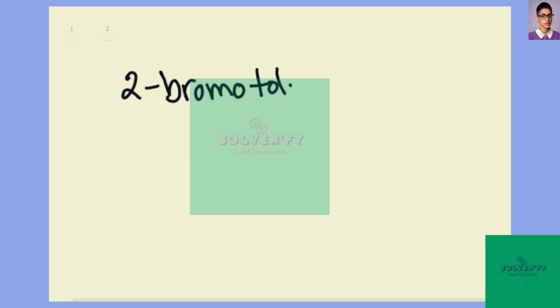And when we do that, that means the bromine has to be on carbon number 2 since it's next to it. Okay. Or you could name that 1-bromo-2-methylbenzene. That would be fine as well.